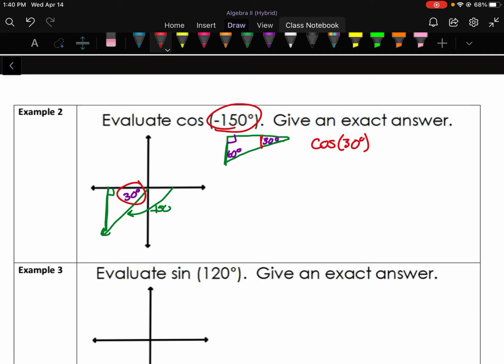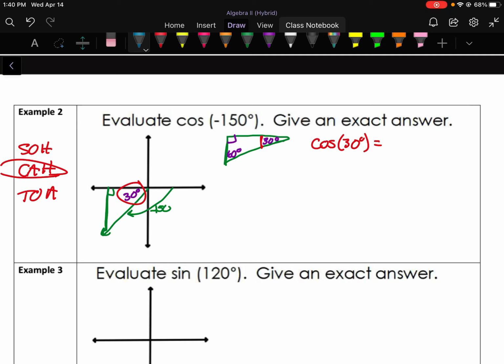So here's 30 degrees, and hopefully you remember SOHCAHTOA. Sine is opposite over hypotenuse, cosine is adjacent over hypotenuse, and tangent is opposite over adjacent. So what I care about here is cosine. So cosine of my angle is adjacent, so that would be this side. So the setup here, by the way, I should probably have written that.